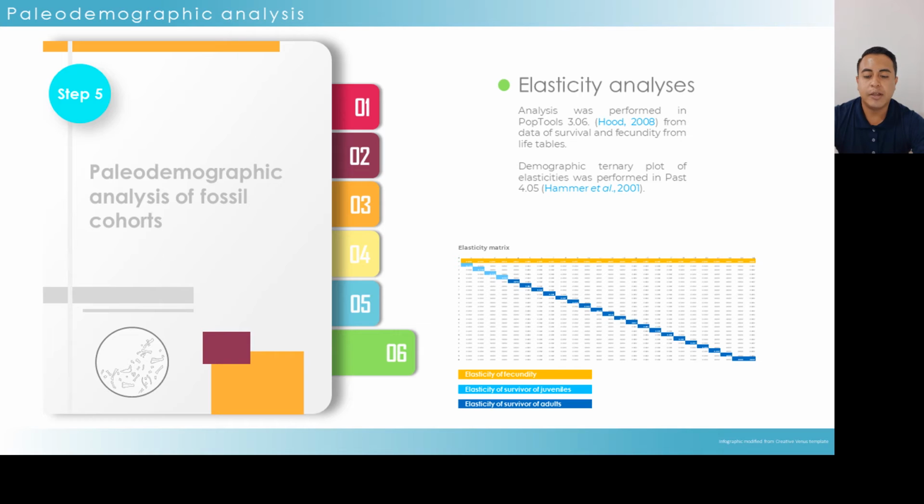Then we plotted in a ternary plot: 1. The sum of the values of elasticity of fecundity. 2. The sum of the values of elasticity of survival from 0 to 3 years. And 3. The sum of the values of the elasticity of survival of more than 3 years.